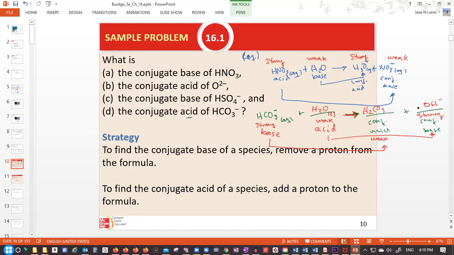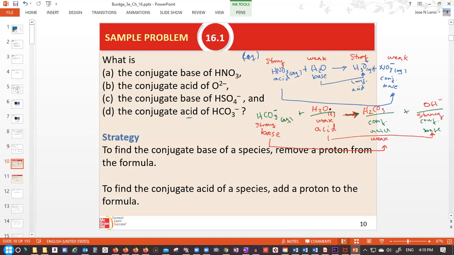So this is the analysis you do to find the acid-base pairs. In every reaction, you find two Bronsted-Lowry acid-base pairs. HCO3 minus and H2CO3 is one pair, with HCO3 minus being the strong base and H2CO3 the weak conjugate acid.